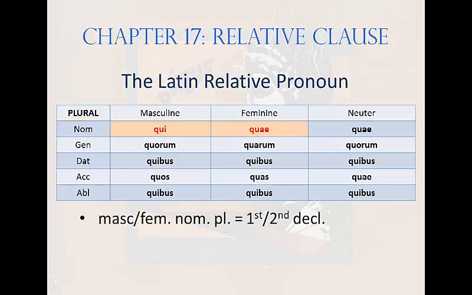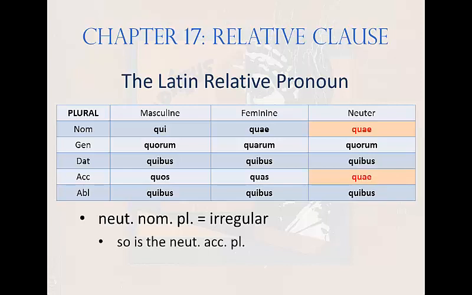Note that the nominative forms in the masculine and feminine, qui and quae, are totally predictable if one assumes first-second declension endings. Not so much, however, for the neuter nominative plural, quae, which means the same holds true for its accusative plural counterpart, quae, which it must be because neuter nominatives and accusatives are always the same.